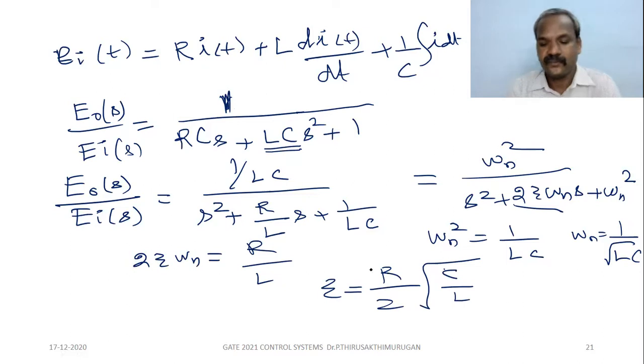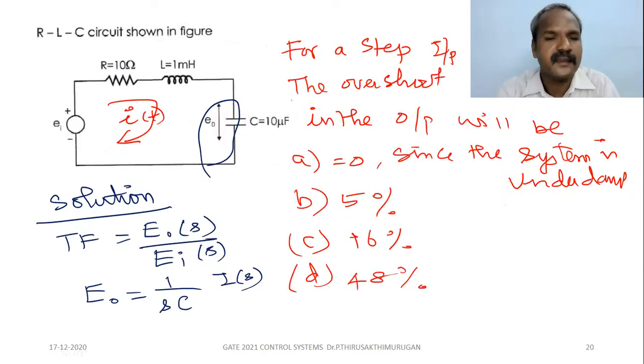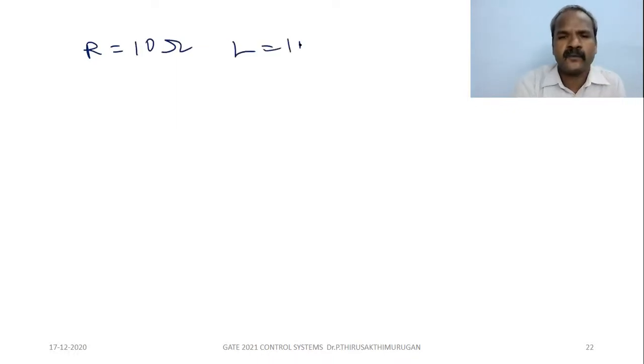We know the values: R equal to 10 ohm, L equal to 1 millihenry, and C equal to 10 microfarad.